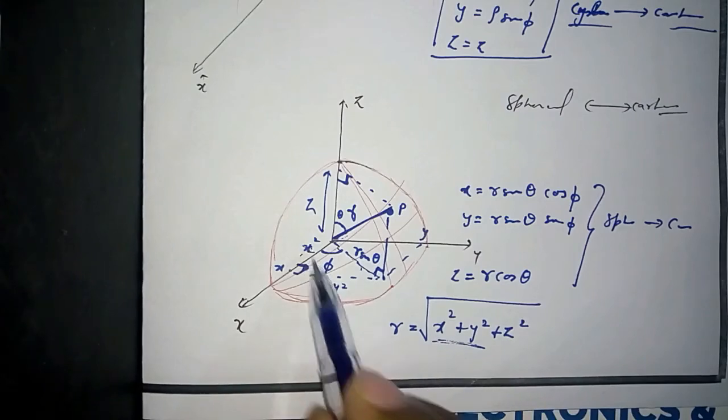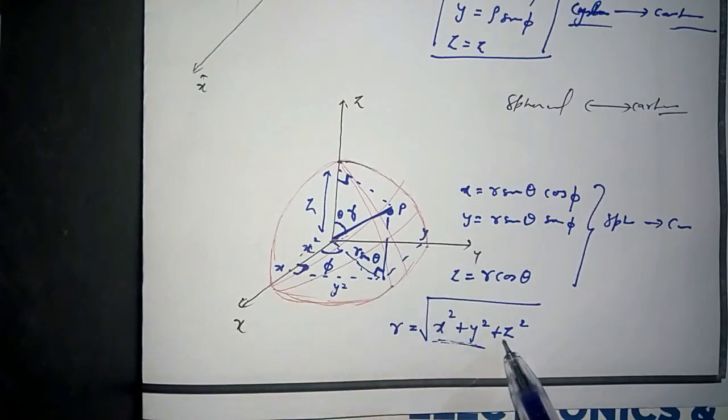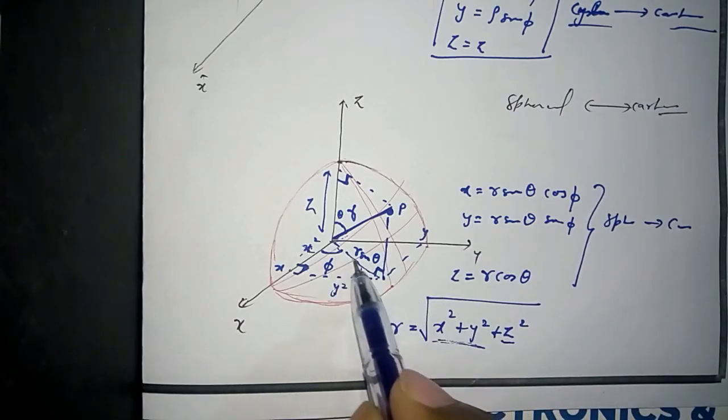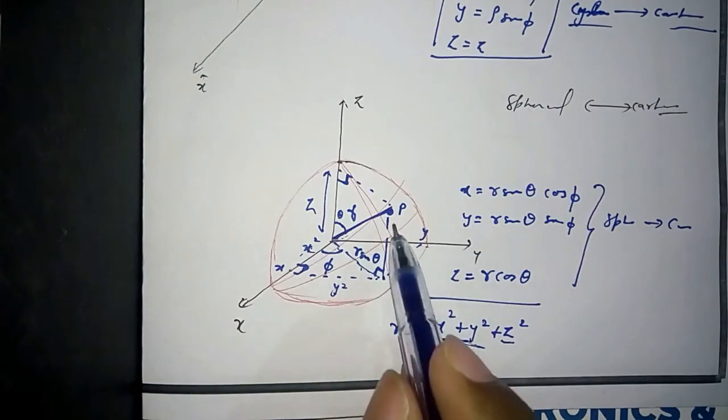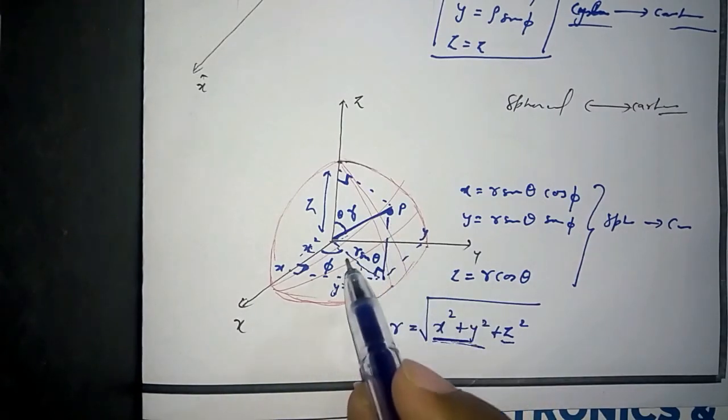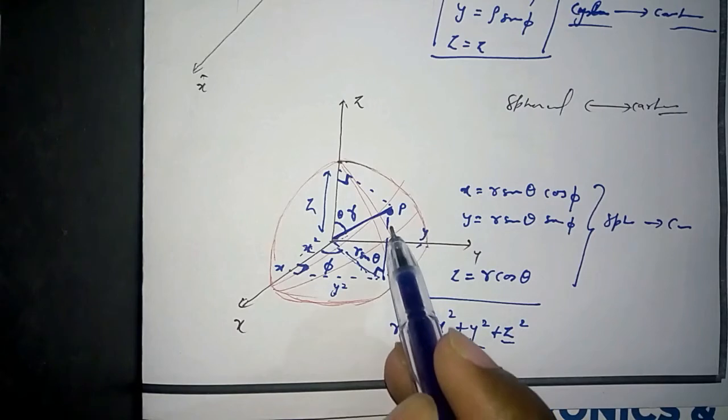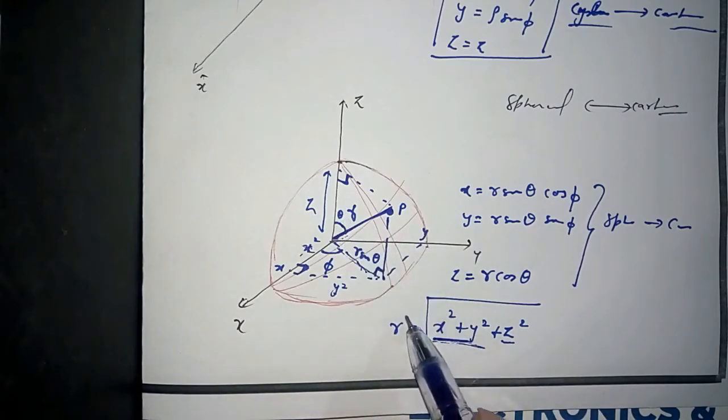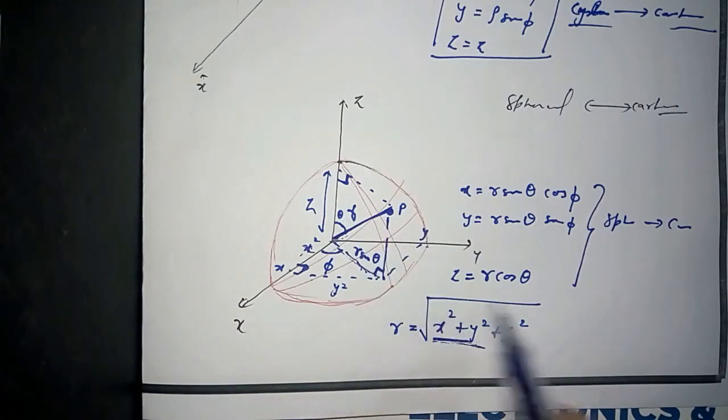So x square plus y square plus z square is equal to r square, okay. Removing this square, we get a root here, or say power half.